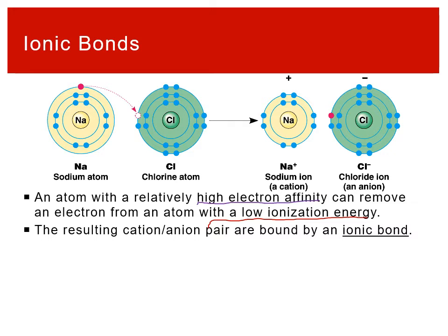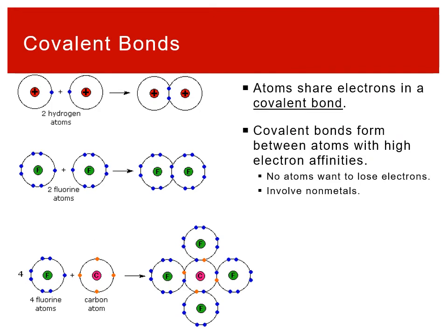So when we have that transfer, you end up with an electron from something that has a low ionization energy to something with a high electron affinity, or metal to nonmetal. You get that cation and anion, and then that positive-negative charge holds those ions close together in what we call an ionic bond.